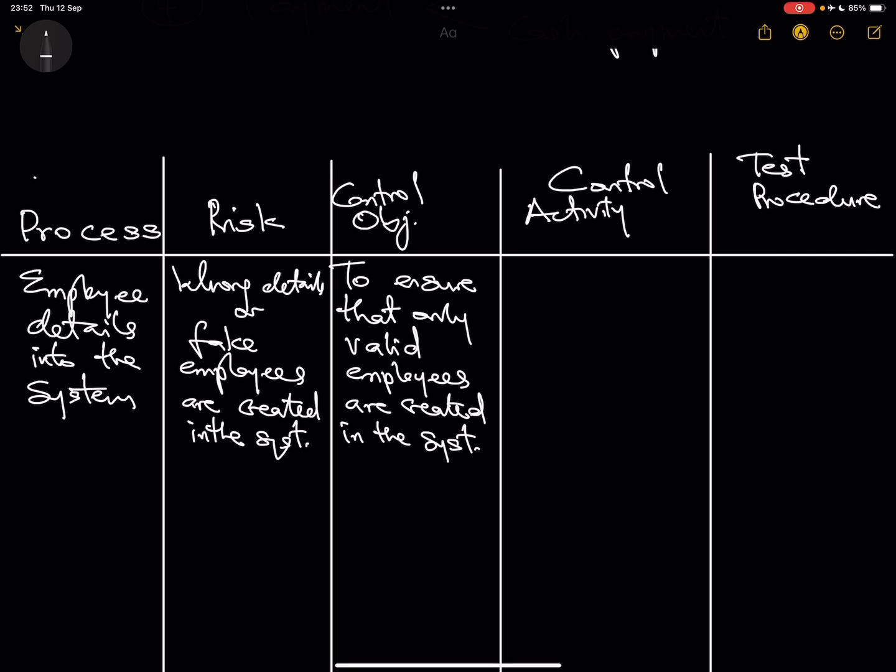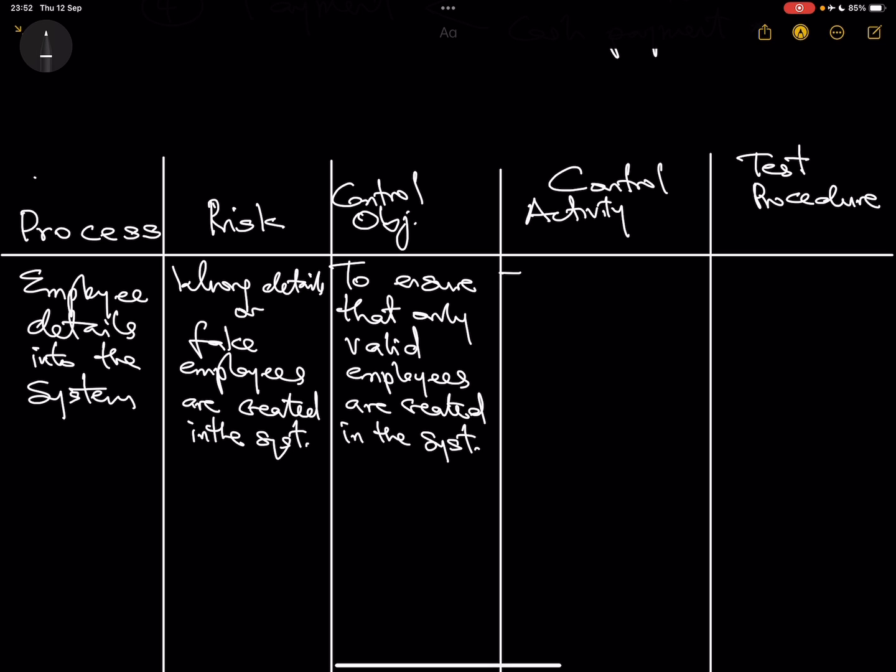And what will be the control that will help us achieve this objective? We need to ensure that we have a new staff form, which means every time we recruit a staff, we'll give that staff a form to fill their details. When they fill in their details, they must take it to the HR director, and the HR director will see the staff and approve by signing on the form. That validates the form.